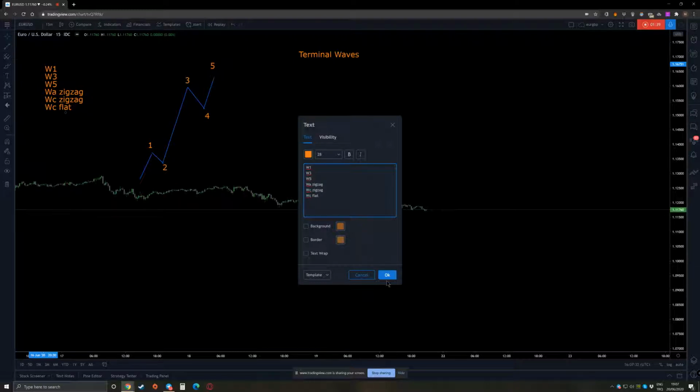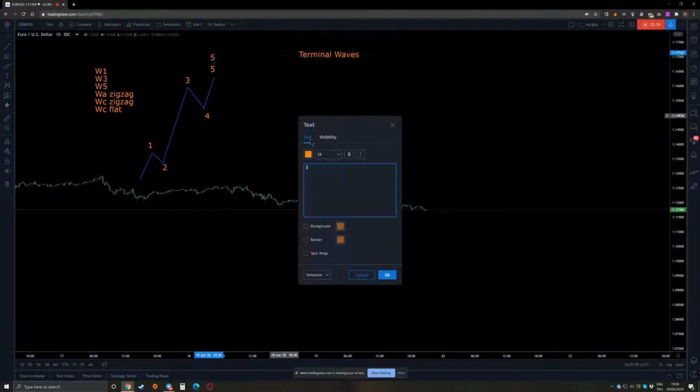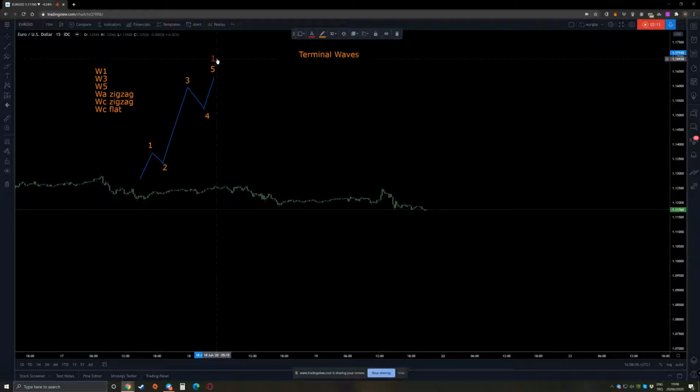So if you think you have 1, 2, 3, 4, 5 and you're in an impulsive move, on one bigger degree it has to be one of these. You cannot just have an impulsive move on its own. It has to be something from this, for example a first wave, or a wave A of a zigzag, or a wave C.